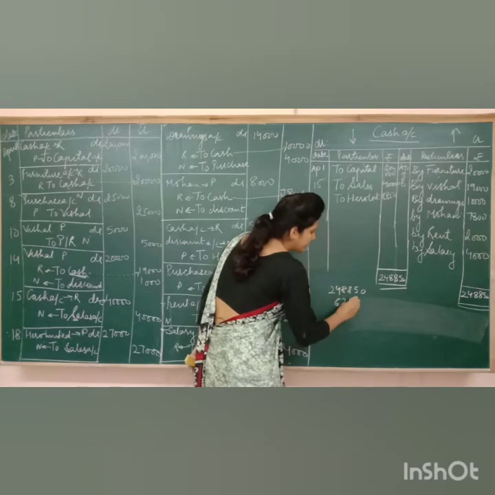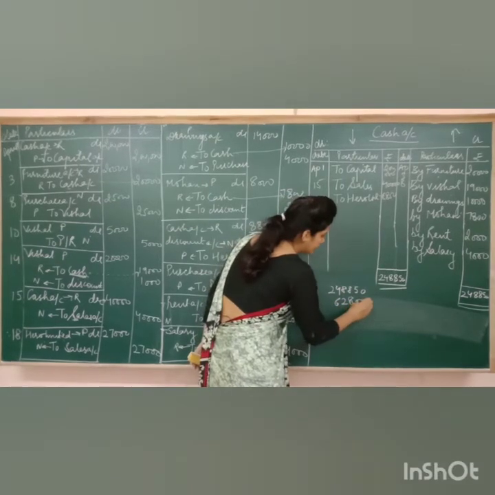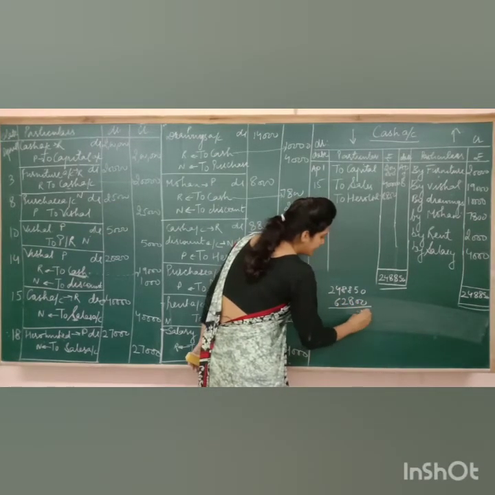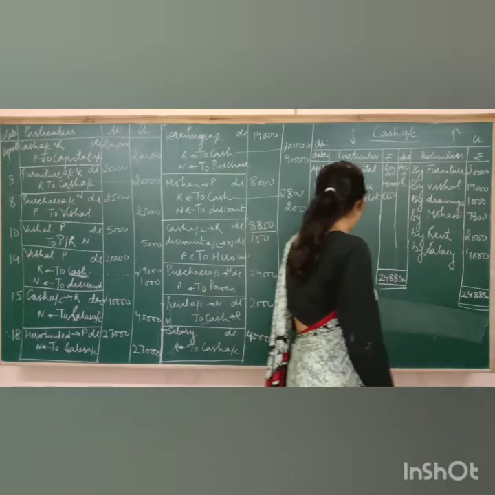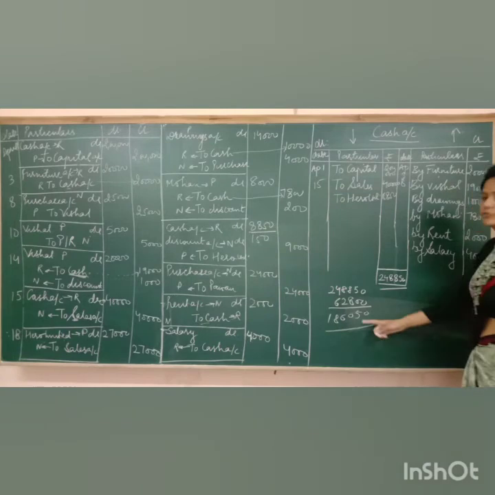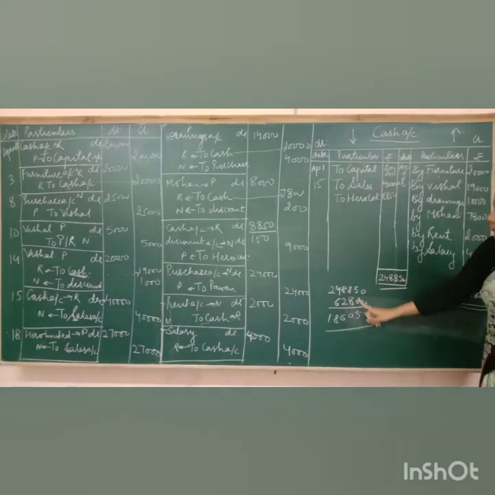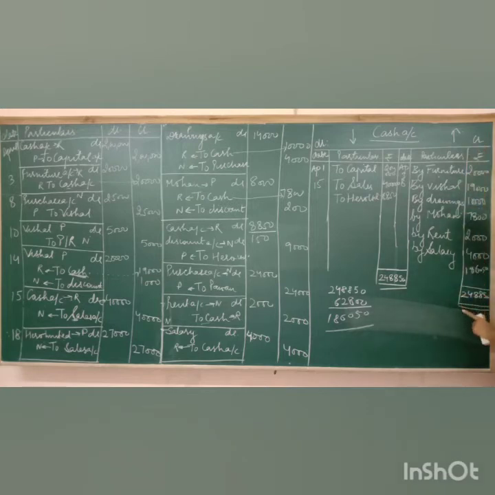Credit side is 62,800. So credit side is smaller than debit side by rupees 1,86,050. There is a difference of 1,86,050. It means that if I write 1,86,050 on the credit side, then credit side will become equal to debit side, right?